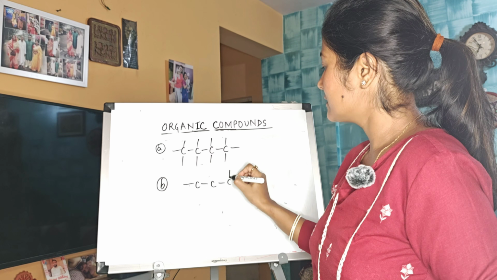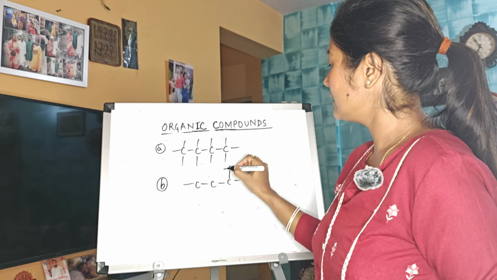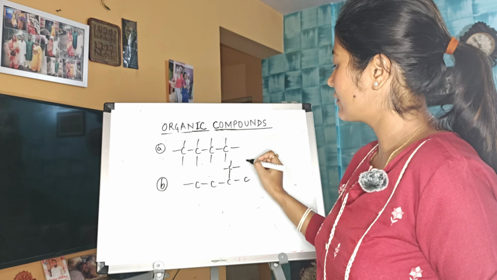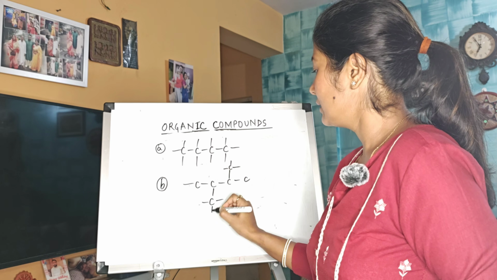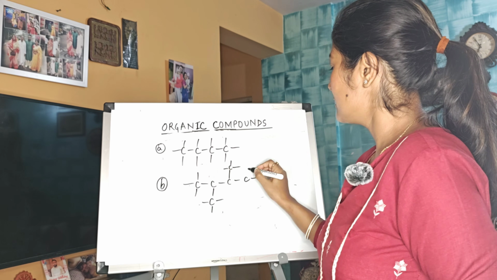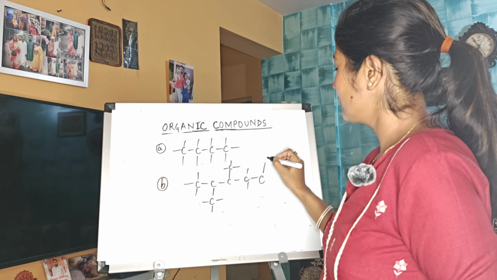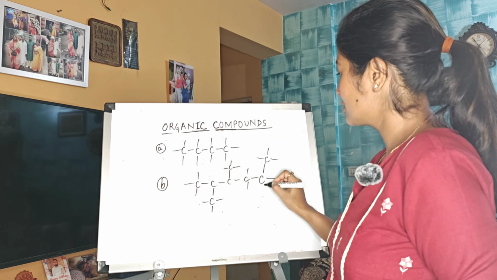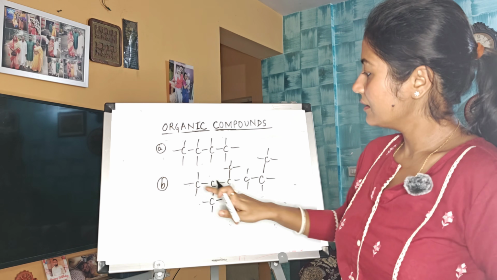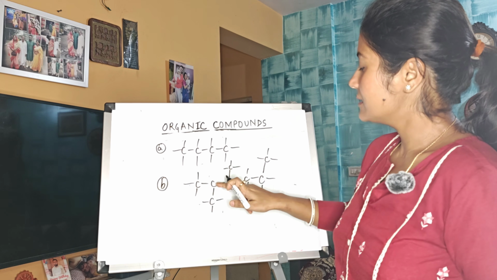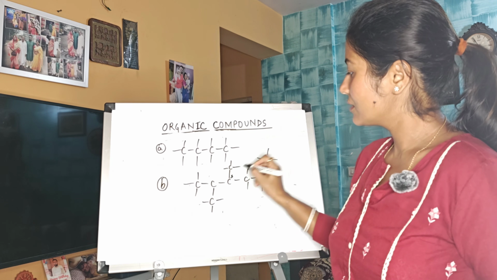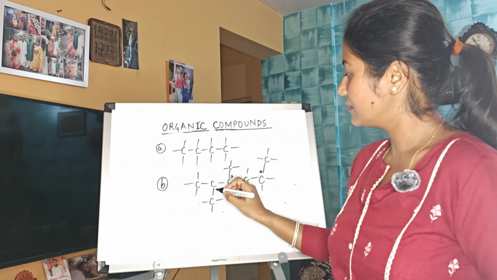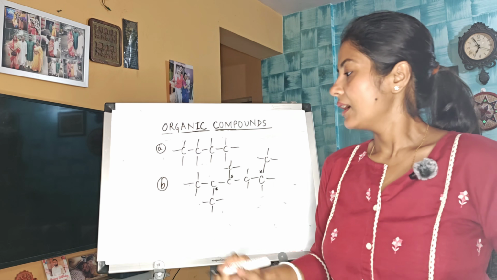Here it can form another branch, but the only thing to keep in mind is the valency of carbon will be 4. Similarly, again here it can link with another carbon atom in the form of a branch. So you can see that carbon is linking with all carbon atoms, but they are forming branches. Here there is one branch, here there is one branch, again here there is another branch.